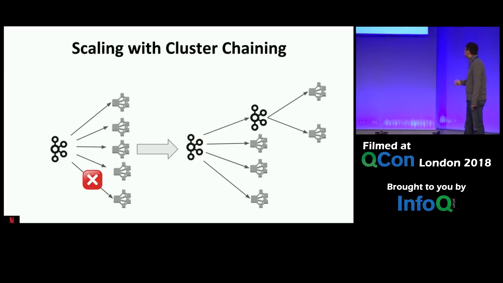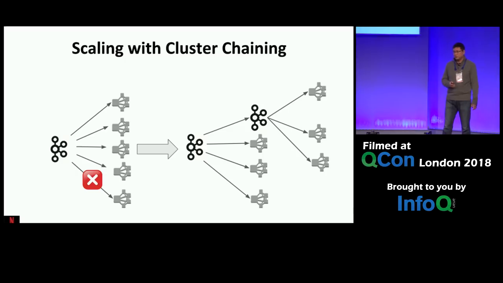And if more consumers come, we can simply add them to the second cluster. With this kind of tree topology and multiple clusters, you will find that it can scale infinitely to satisfy any number of consumers.